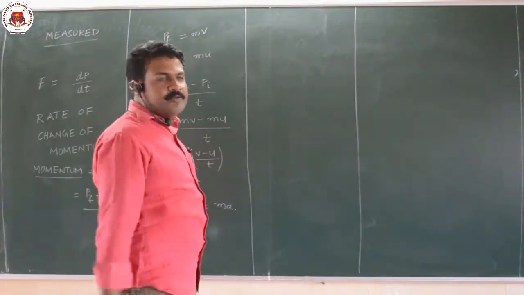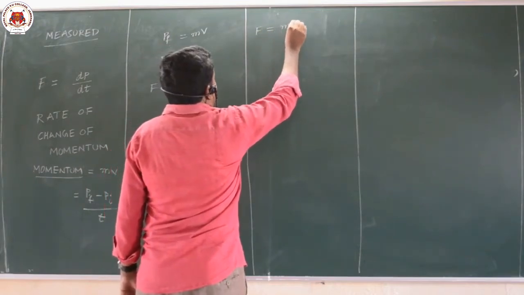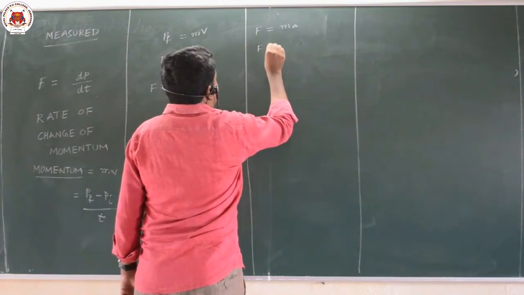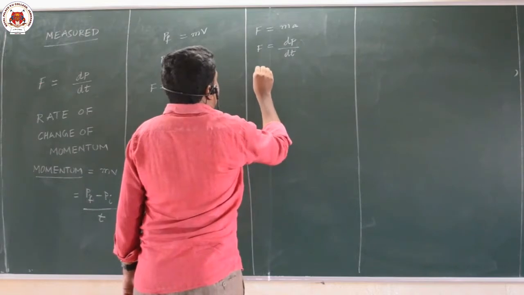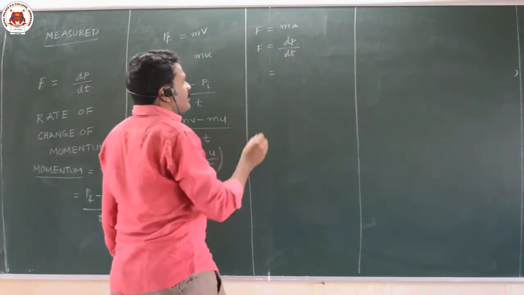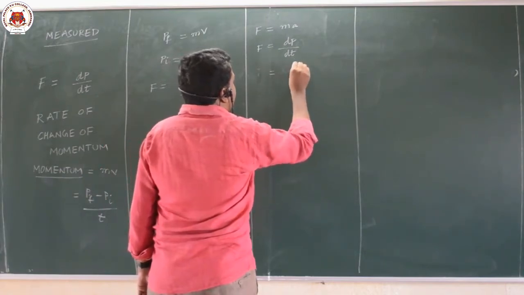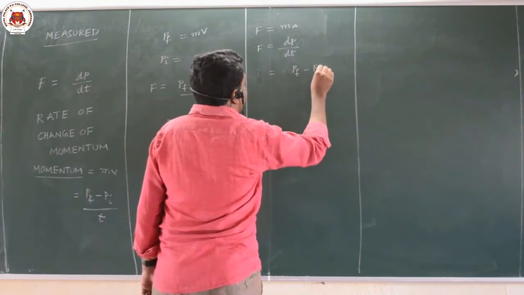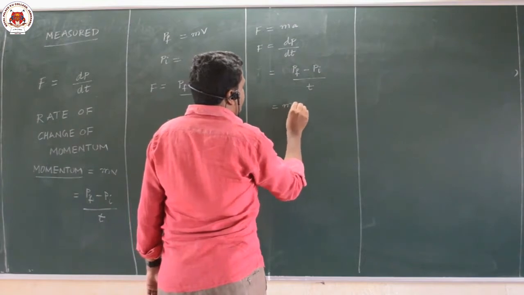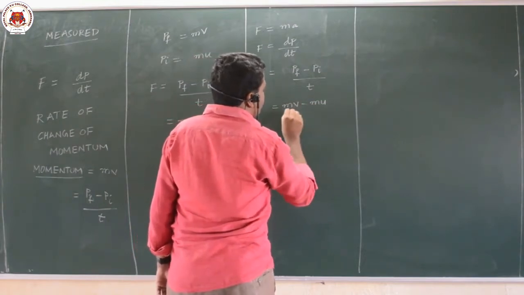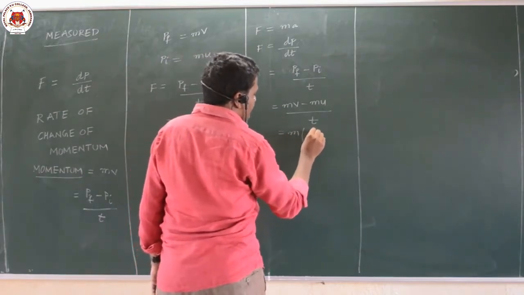So now we can write different formulas for force. F is equal to ma, this is one formula. F is equal to dp by dt, change in momentum by change in time. Again F is equal to final momentum minus initial momentum by time taken. Then again you can write m into v minus m into u by time taken. This is m into (v minus u) by t.